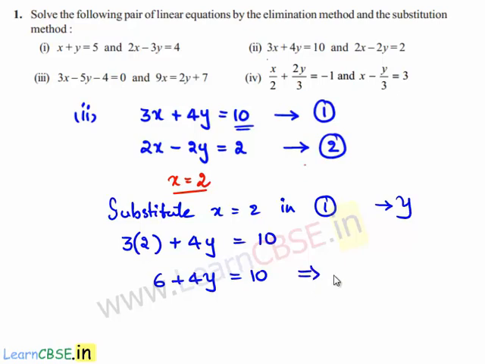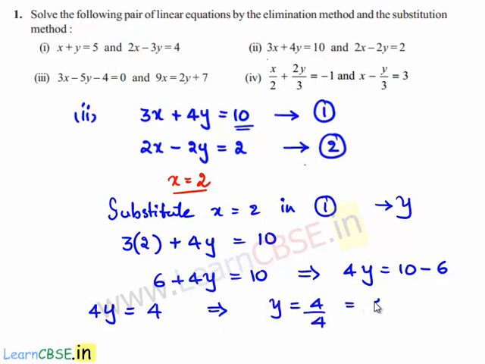This implies 4y is equal to 10 minus 6. Therefore we get 4y is equal to 10 minus 6, which is 4, so y is equal to 4 divided by 4, that is 1. Therefore we get y is equal to 1. So the given solution for the pair of linear equations is x is equal to 2 and y is equal to 1.